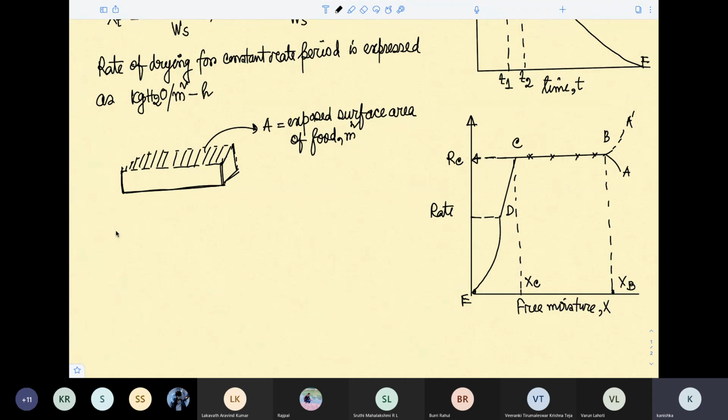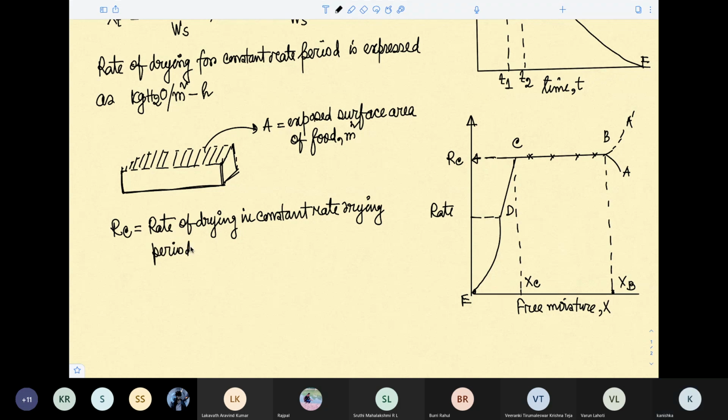Now, when we are saying rate of drying, this is RC, the constant rate drying, or I would rather write it as the rate of drying in constant rate drying period.